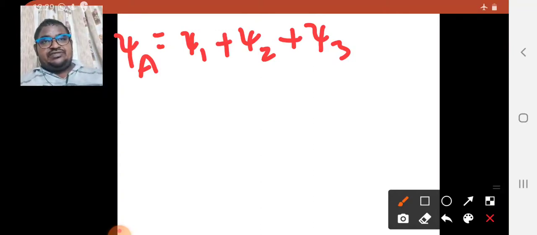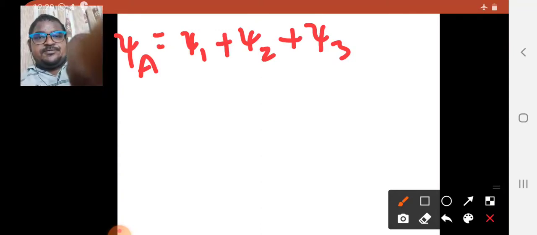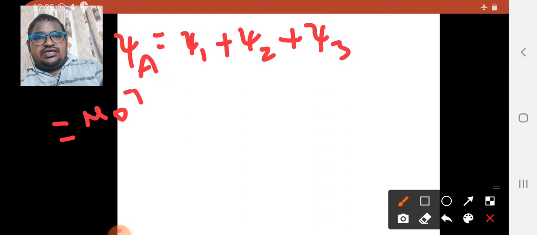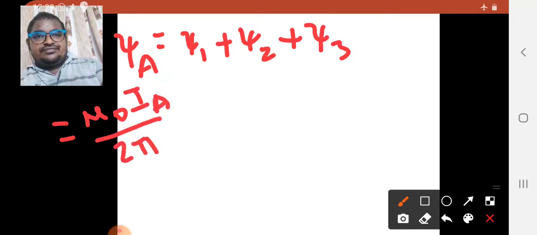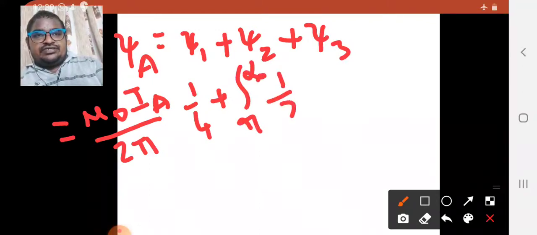Already we have the expression for psi 1. That is psi 1 is mu naught IA by 2 pi into 1 by 4 plus integral r to infinity 1 by x dx.